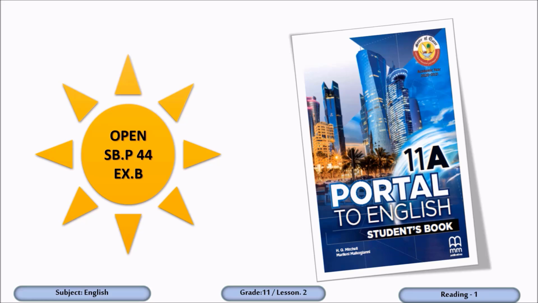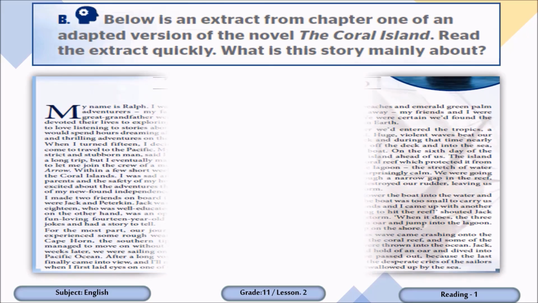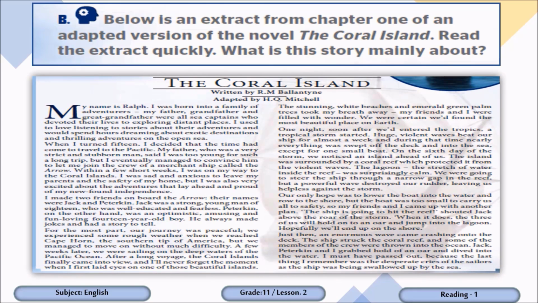Now please open the student's book, page 44, exercise B. Dear students, here's an extract from chapter 1 of an adapted version of the novel The Coral Island. Read the extract quickly. What is the story mainly about?